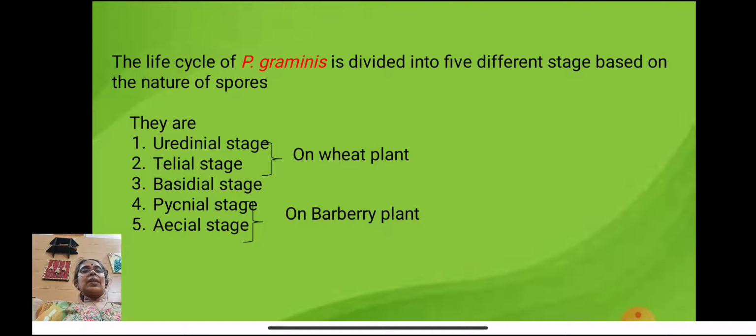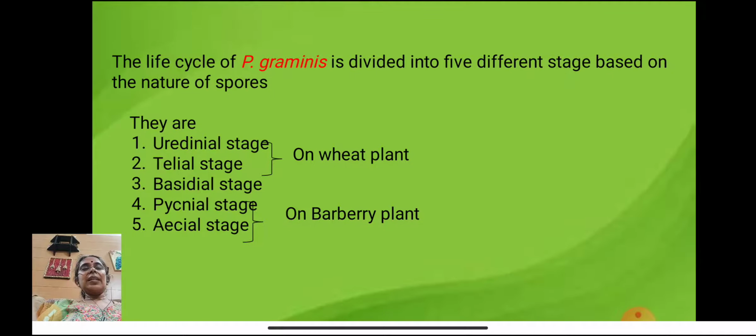The life cycle of Puccinia graminis, as you all know, is divided into 5 different stages based on the nature of spores produced. They are the uredial stage, teleutial stage, basidial stage, pycnial stage and the aecidial stage. The uredial stage and the teleutial stage are passed on the monocot plant, namely the wheat plant, which acts as the primary host.